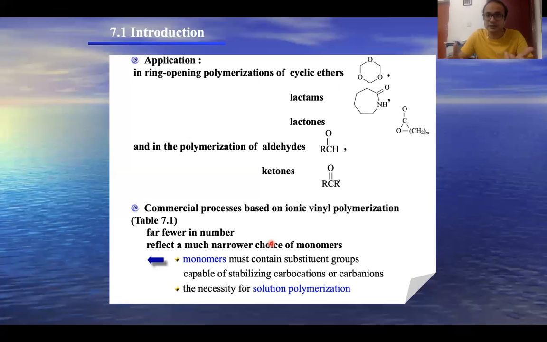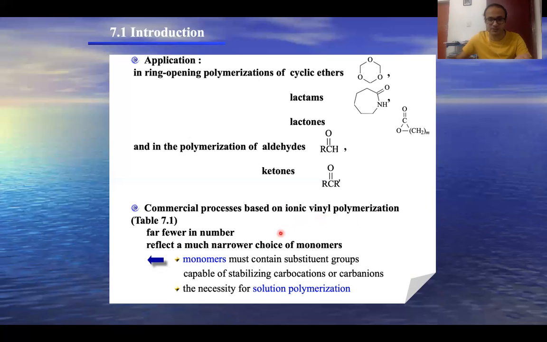So that's why we say that the amount of vinyl monomers that can be used is very few in number, because we can choose only those monomers which stabilize the in situ generated carbocation or the carbon anion. So that is why it is said that very few vinyl polymerizations can be done using ionic polymerization.